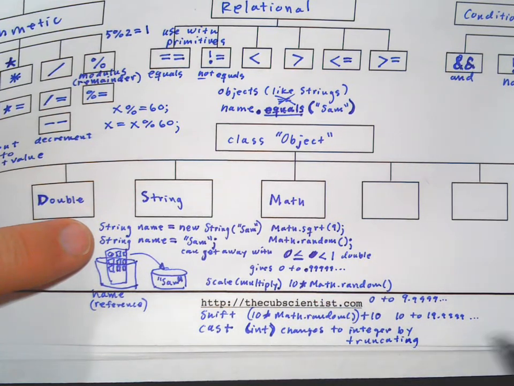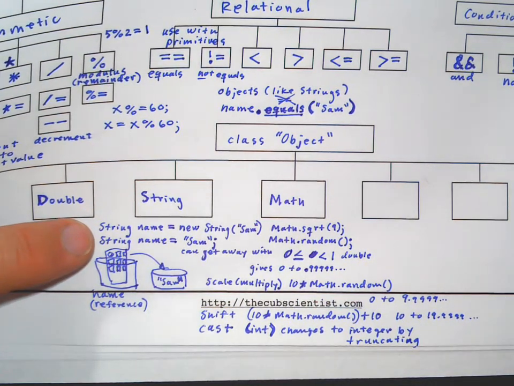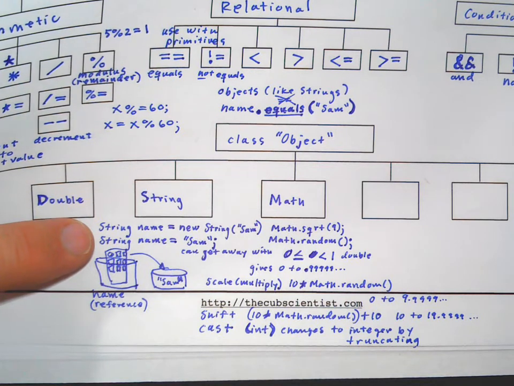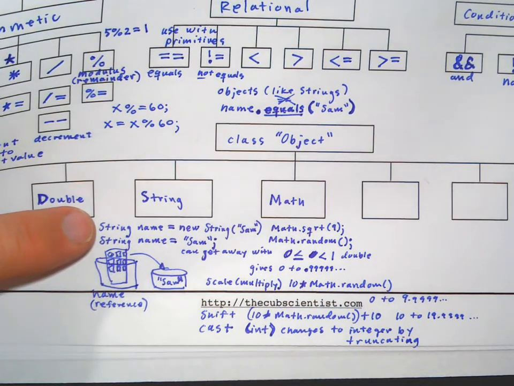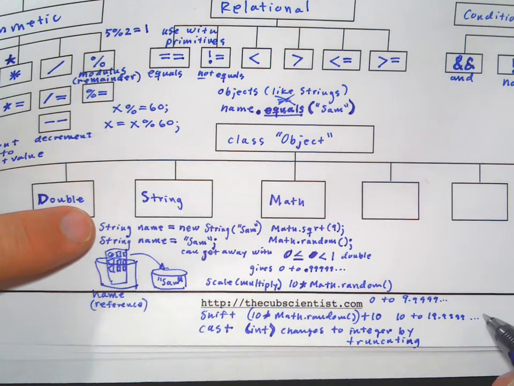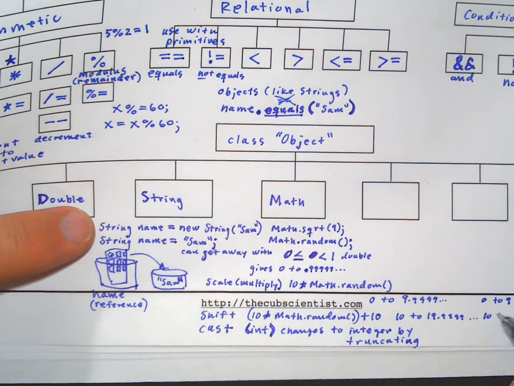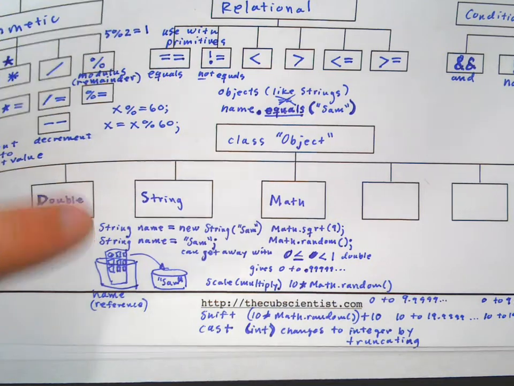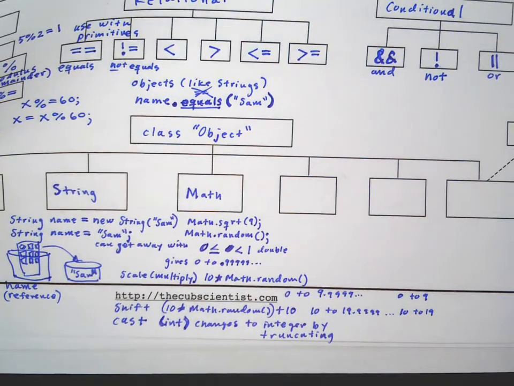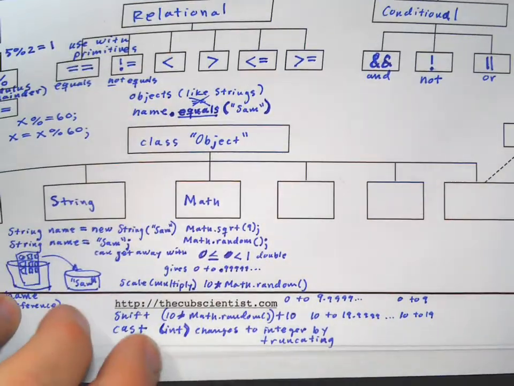So if you do it to this one, you would get 0 to 9. For this one you get 10 to 19, if you cast it.